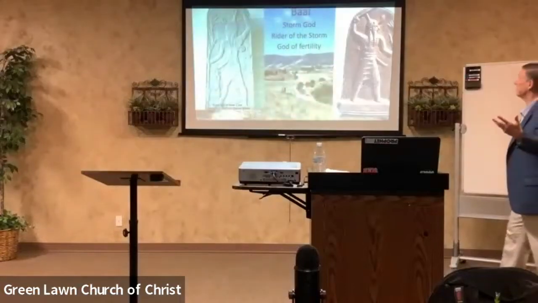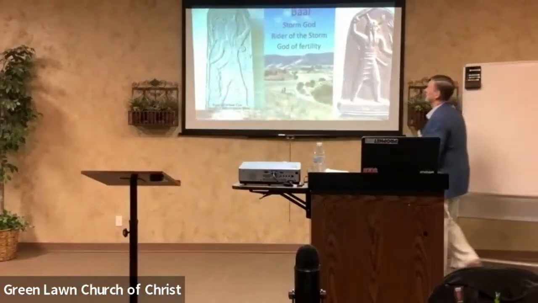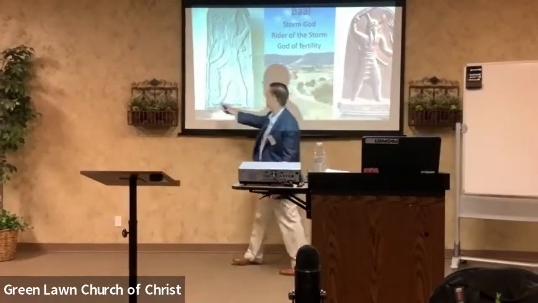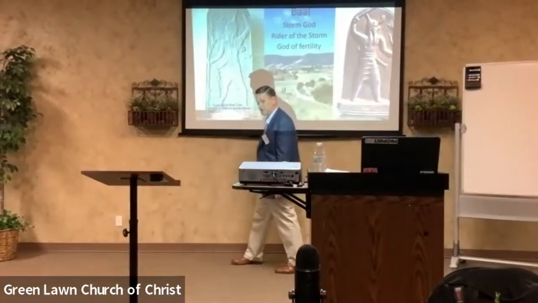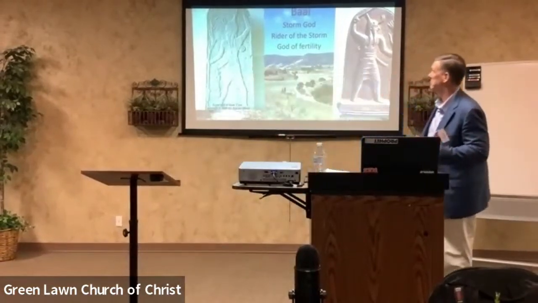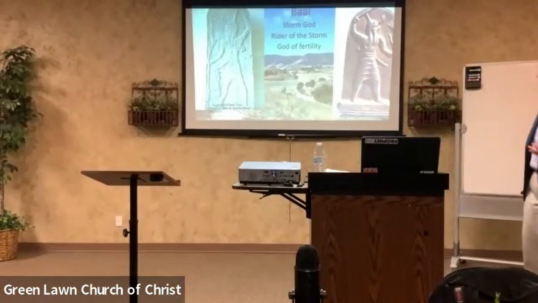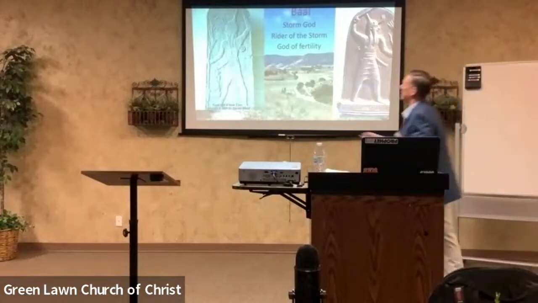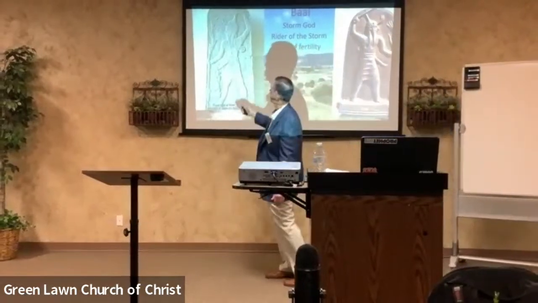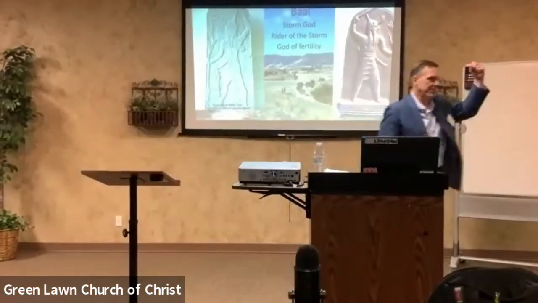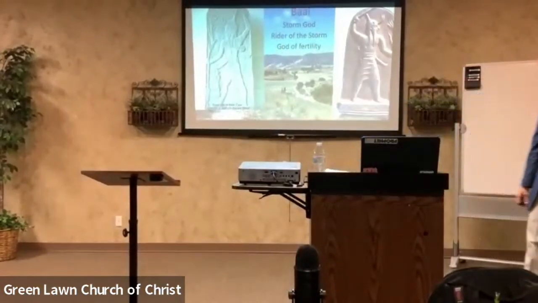And some of the depictions of Baal in these inscriptions show him holding in his hand a scepter, like a king or a god would. And many archaeologists, historians, and scholars have interpreted that as a lightning bolt, because it kind of feathers out, like a lightning bolt would. And so he holds the key to the storms.